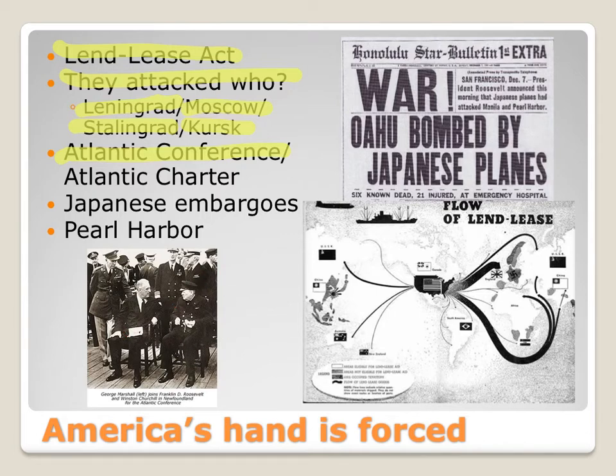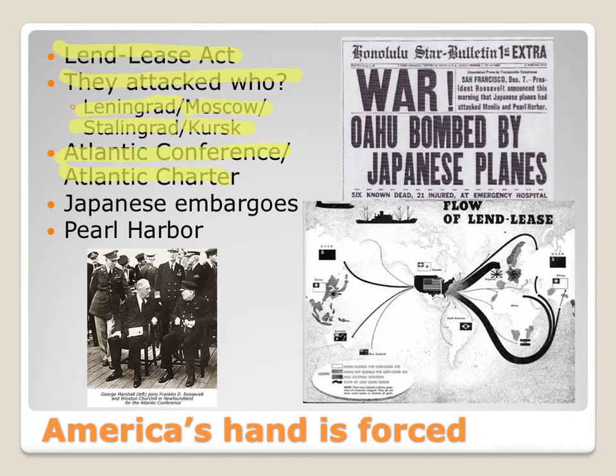They would become very good friends throughout the war here, respect each other greatly. They meet on board a ship, a battleship, off the coast of Newfoundland in Canada. And while this is called the Atlantic Conference, their meeting, the document they produce is called the Atlantic Charter.